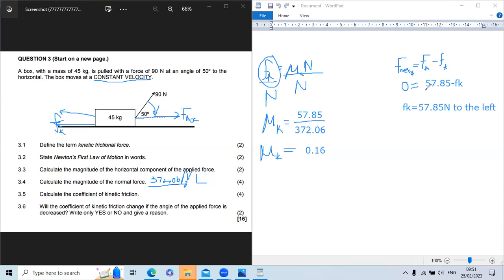If the angle of the applied force changes and there's less force being applied, that's going to affect the normal force. It's also going to change. The normal force is going to become bigger.